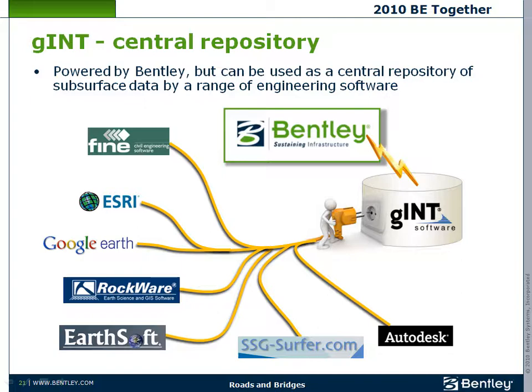So there is a lot of data saved in gINT and a lot of data saved in EQuIS, and people want to exchange this data, so gINT has tools and capabilities to automate this data exchange. Then Surfer, used for creating surfaces, and Autodesk has some functionality that can replicate what Bentley products do, like InRoads, GEOPAK, MX Roads, Project Navigator, and so forth.